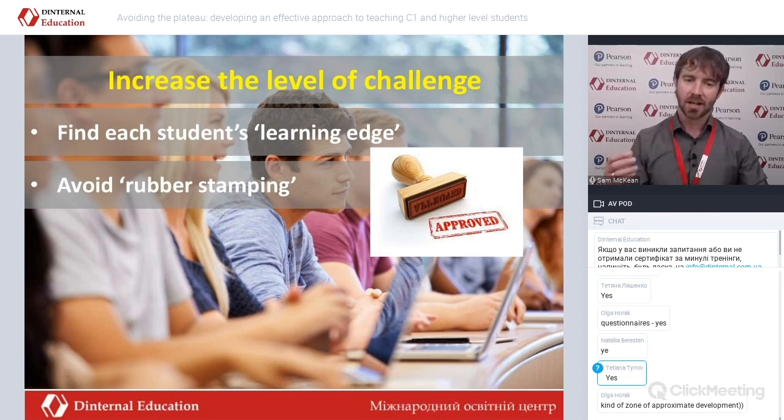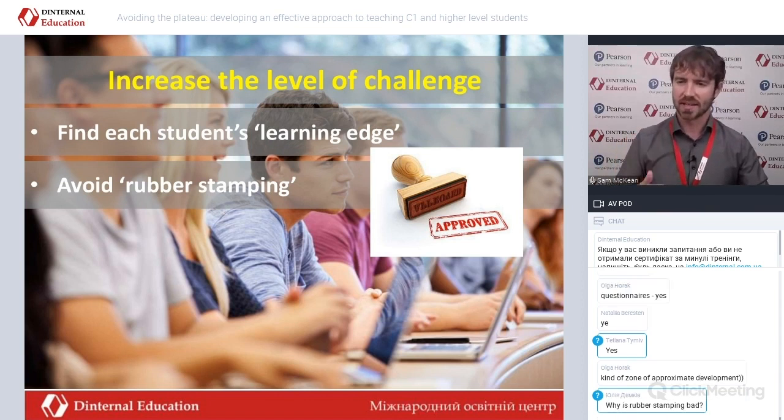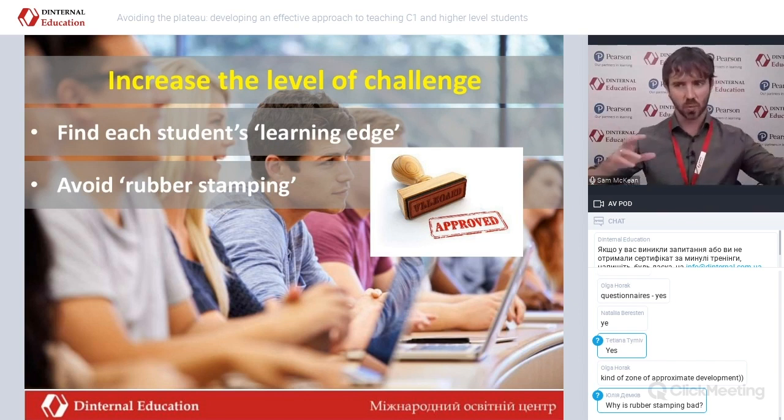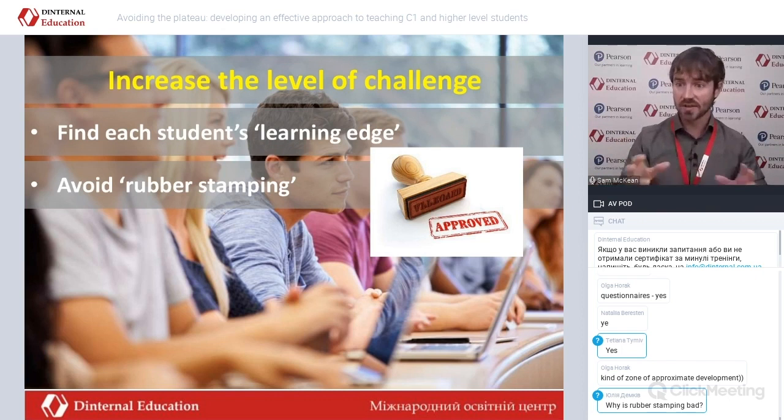Okay? So why is this a problem? Why is rubber stamping such an issue? Well, if we immediately confirm that a student's answer is correct, then we shut down the potential for any further discussion with other students about what other answers might be correct and why.